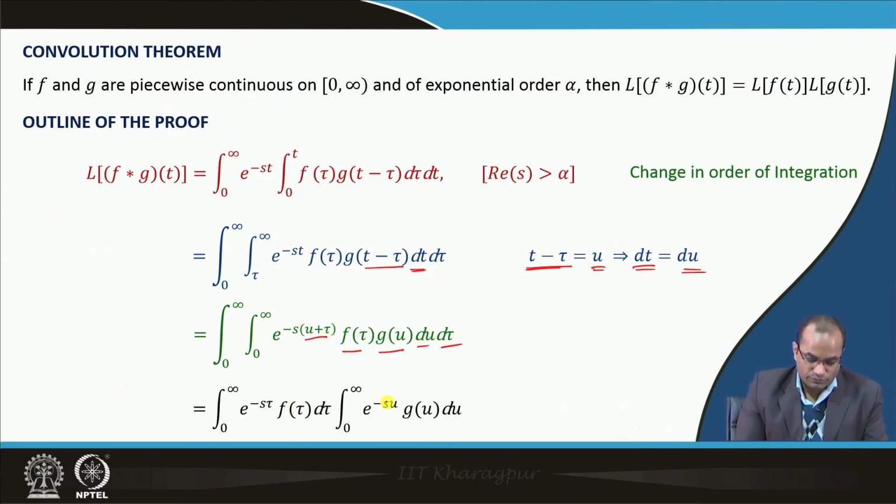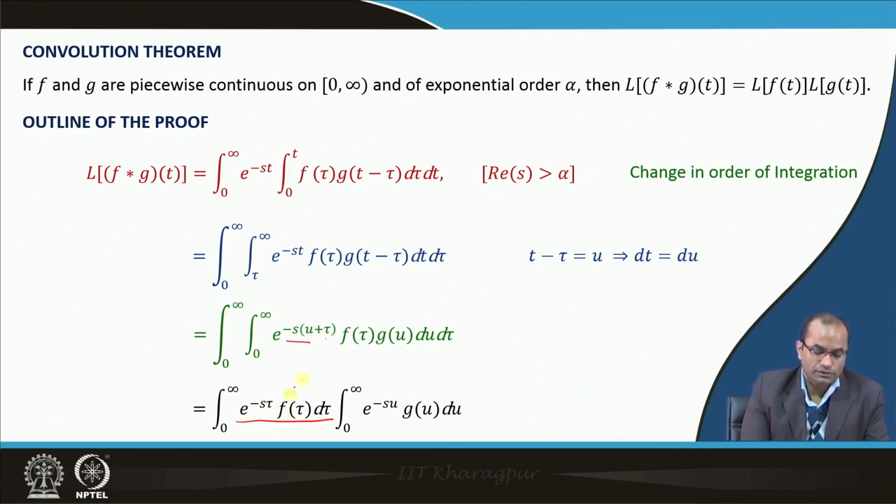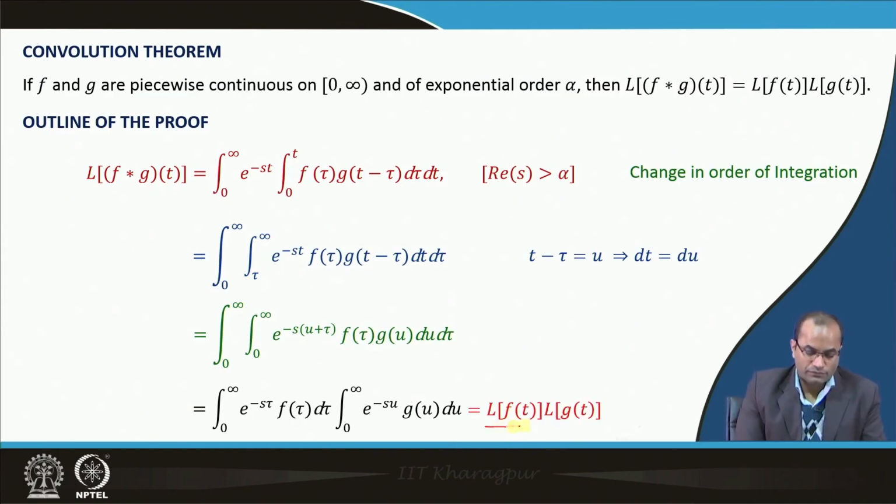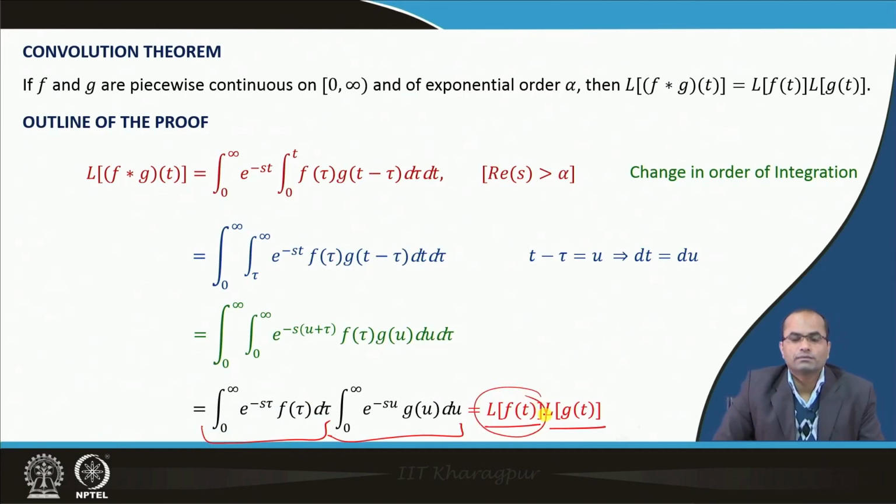So, we can separate it into two integrals because we have e power minus s u and e power minus s tau. So, e power minus s tau with f of tau d tau, and e power minus s u with g of u du. This is the Laplace of f and the Laplace of g, two separate integrals now. So, it is a simple product of the Laplace transform of f and the Laplace transform of g.